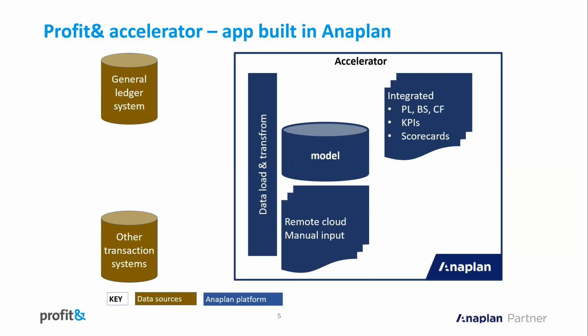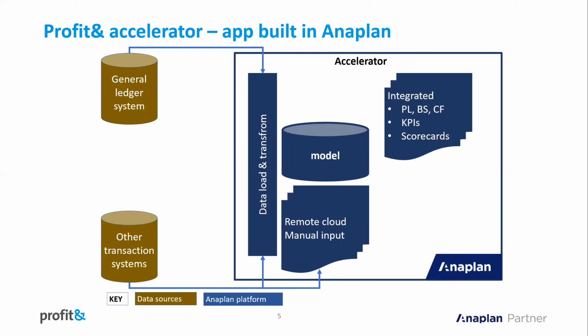So really, by pulling data into Anaplan from a general ledger system and from other transaction systems, at the click of a button almost, you can produce integrated P&L, balance sheet, cash flows, KPIs and scorecards in an executive pack.